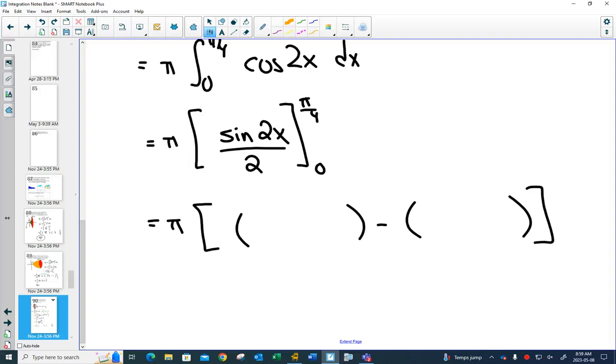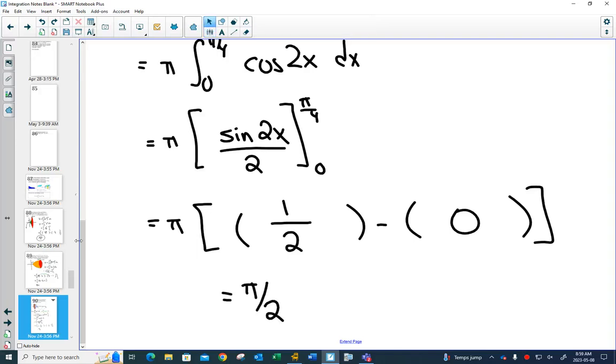Y coordinate? 1. And if you plug in 0, sine of 0 is 0. And you get pi over 2 as your answer.